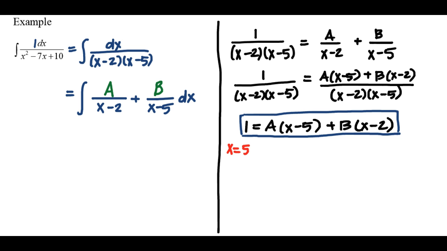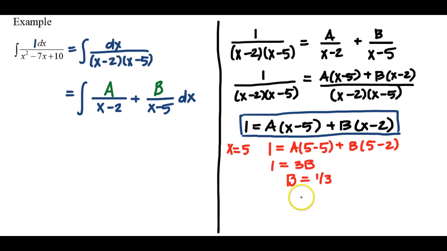That would imply that 1 has to equal a times 5 minus 5 plus b times 5 minus 2. So again, 5 minus 5 is 0, so 0 times a is 0. So what I'm left with is 1 equals 3b. So 5 minus 2 is 3, so 1 equals 3b. So in other words, b equals 1/3.